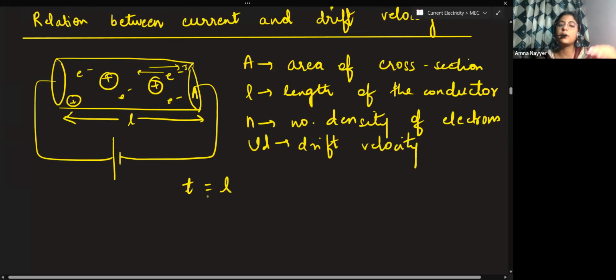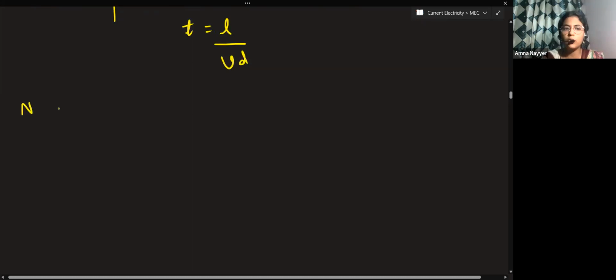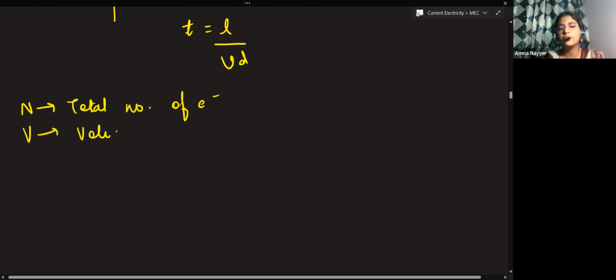So time becomes the length of conductor divided by the velocity, and here we are talking only about drift velocity, so this becomes Vd. Now let's say capital N is the total number of electrons, and V is the volume of the conductor.